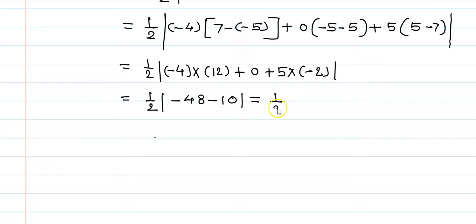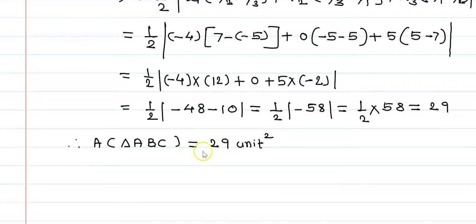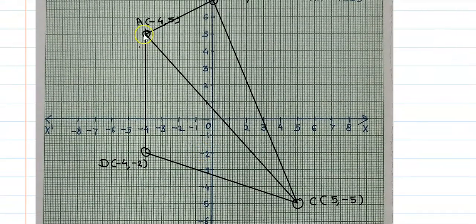So 1/2 of -48 minus 10 is 1/2 of -58, equals 1/2 into 58, and that equals 29. Therefore, area of triangle ABC equals 29 unit square.